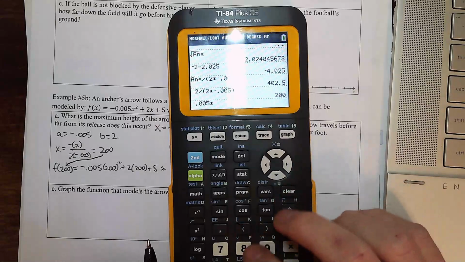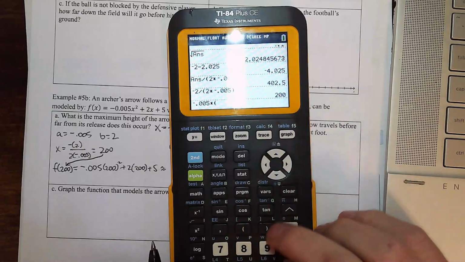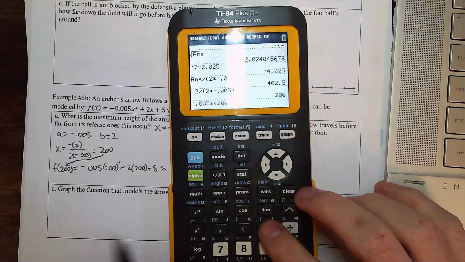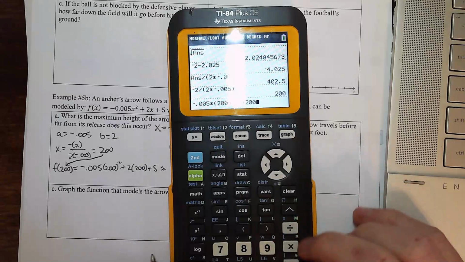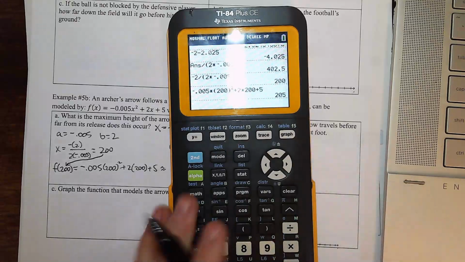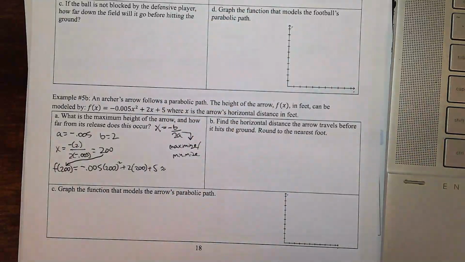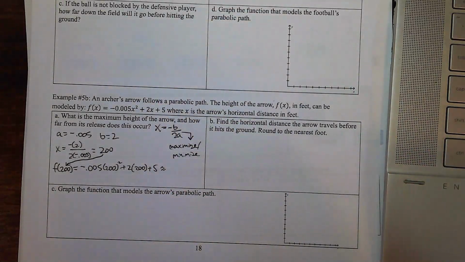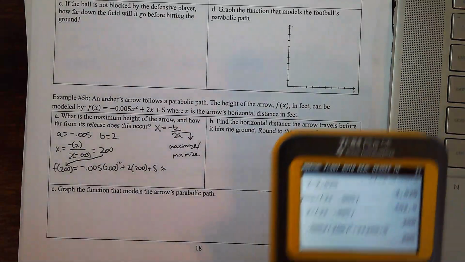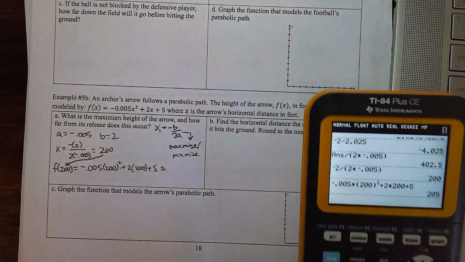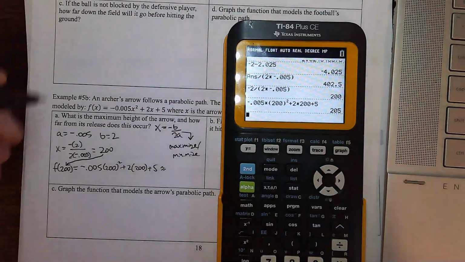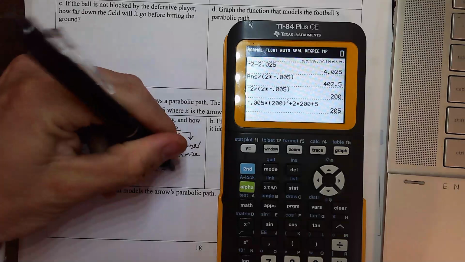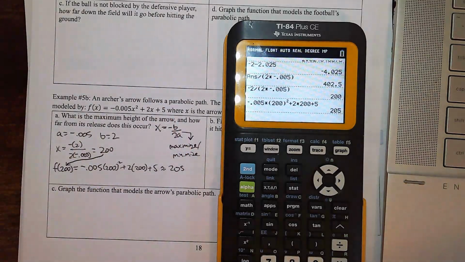Negative 0.005 times 200, I'll put parentheses around it, not that it matters in this case, squared plus 2 times 200 plus 5, and so you get 205. Did I do that correctly there? Okay. All right, here we go. So 205 will be our maximum height.